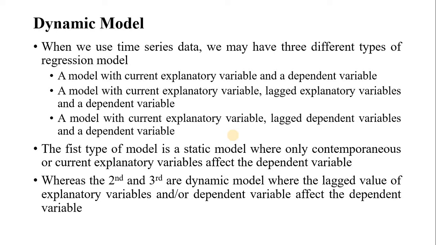Or quantity demanded for a commodity depends on previous level of prices or previous level of purchase. So this type of a model is known as a dynamic model. So I hope you know the difference. What is the difference between static model and dynamic model? In static model, only current values will affect the dependent variable. In dynamic model, the past values of the dependent as well as independent variable may affect our dependent variable.